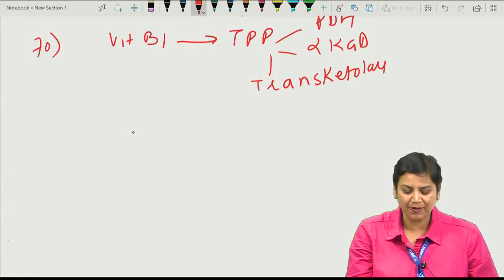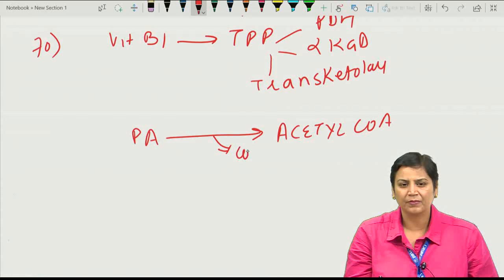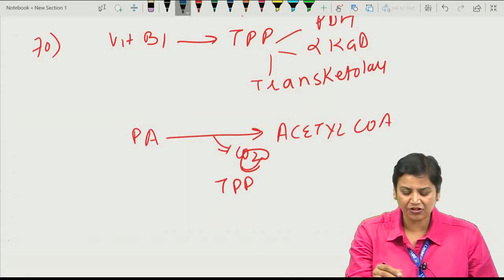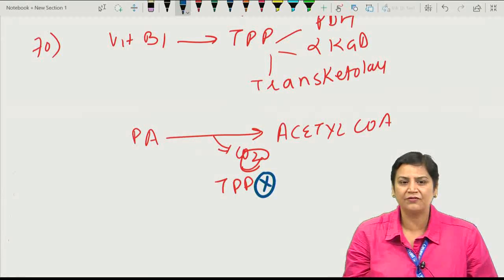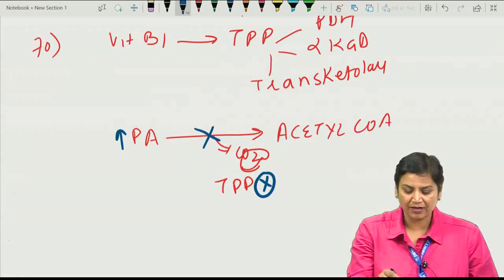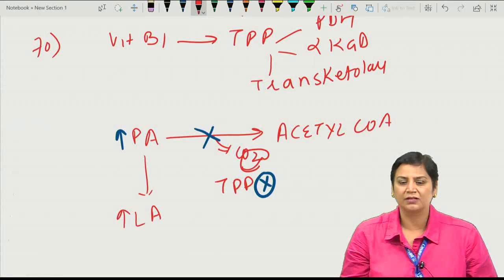In PDH, pyruvic acid is converted to acetyl coenzyme A. Simple decarboxylation is there, and for this decarboxylation only, this TPP is required. So obviously if TPP is deficient, thiamine is deficient, there will be increased concentration of pyruvic acid. This pyruvic acid, instead of being converted into this, will be converted to lactic acid, or there will be lactic acidosis.